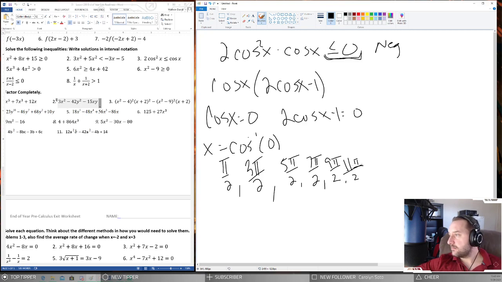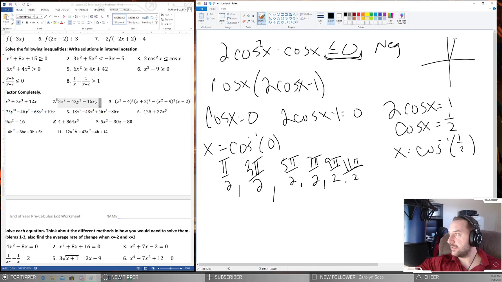So for the next one, add the 1. I have 2 cosine x equals 1, divide by 2, then cosine inverse. So where is my cosine going to be one half? In the unit circle, that's here and here. So that's pi thirds and 5 pi thirds.